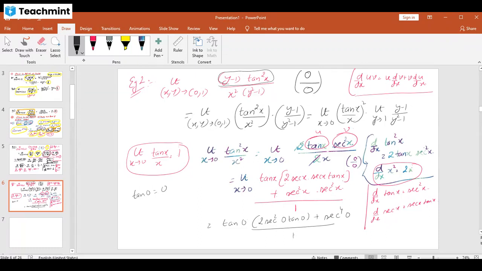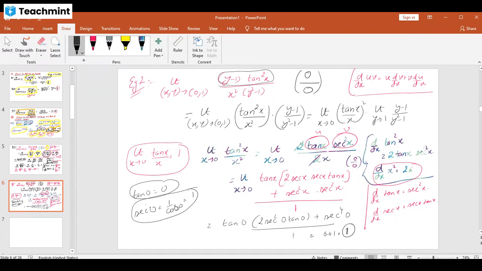Sine 0 is 0, cos 0 is 1. So tan 0 is 0. And secant 0 is 1 because secant is the reciprocal of the cos function. It is 1 upon cos 0, and cos 0 is 1. So its value is 1 only. Secant 0 is 1, tan 0 is 0. So its limit comes out to be 0 plus 1. So limit is 1 only.